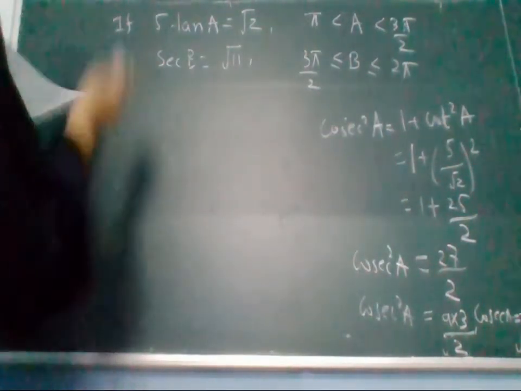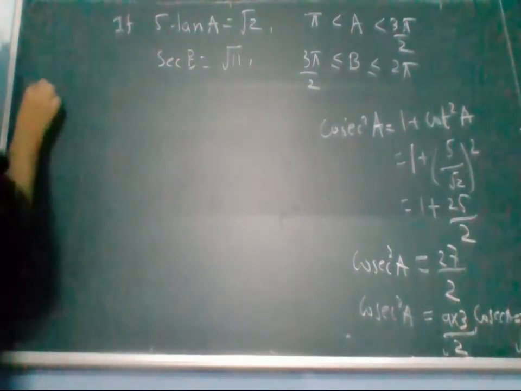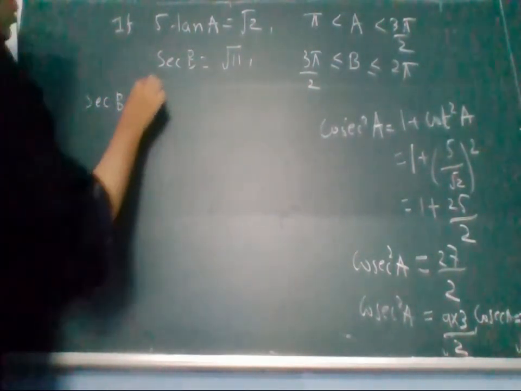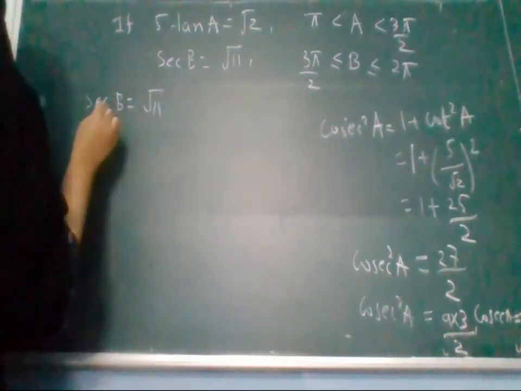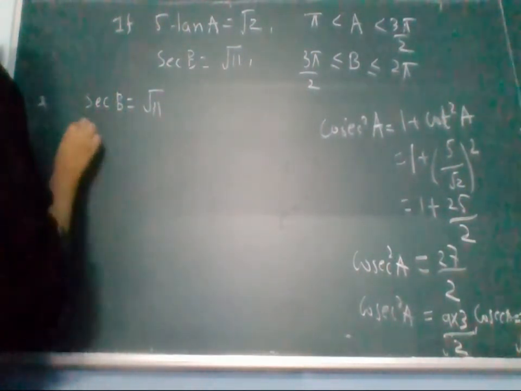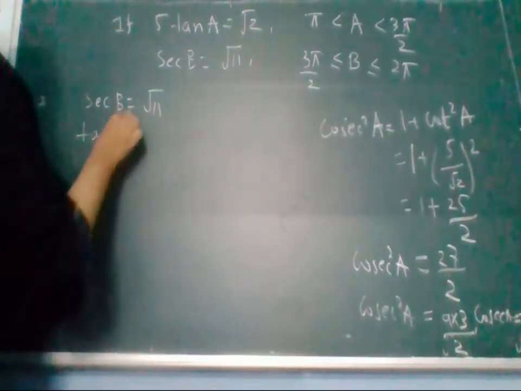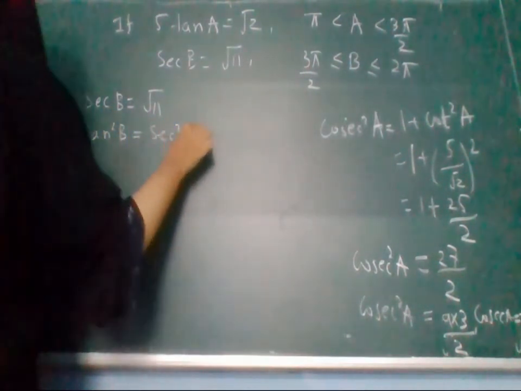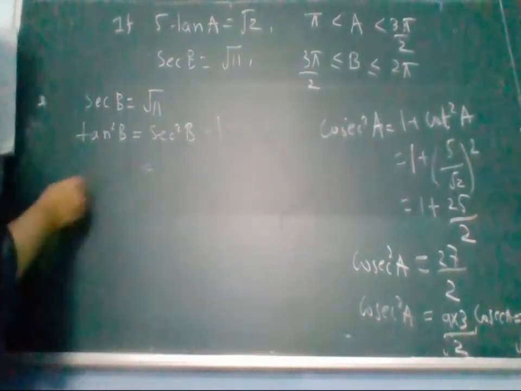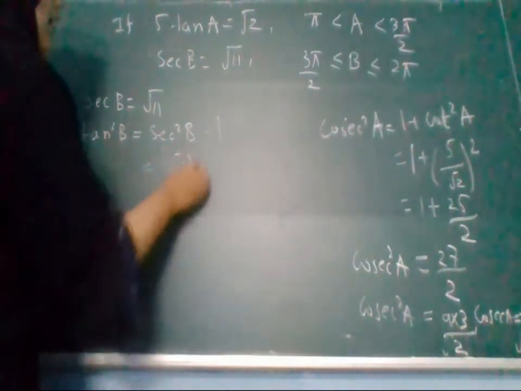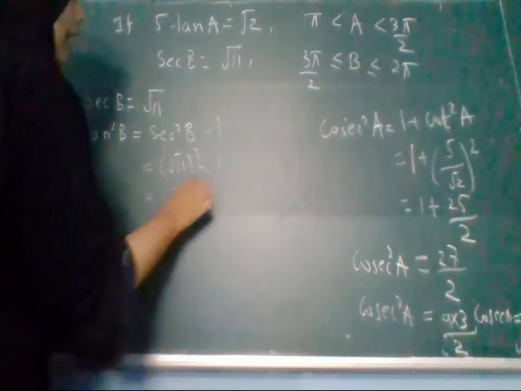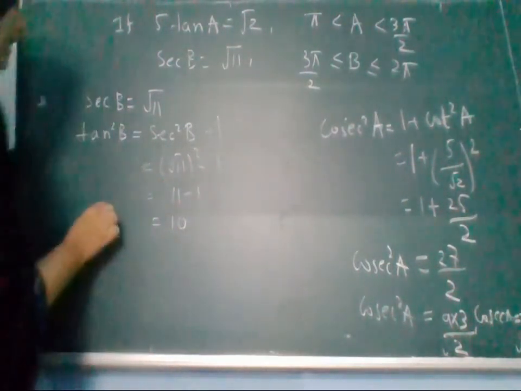To find the value of tan B, what is given to us? Sec B is equal to root 11. Therefore, tan square B is equal to sec square B minus 1, that is root 11 square minus 1, which is 11 minus 1, that is 10.